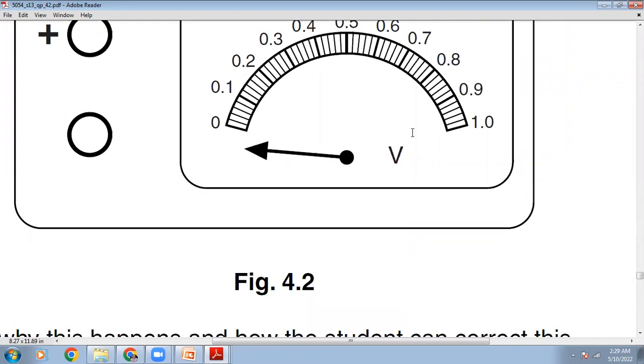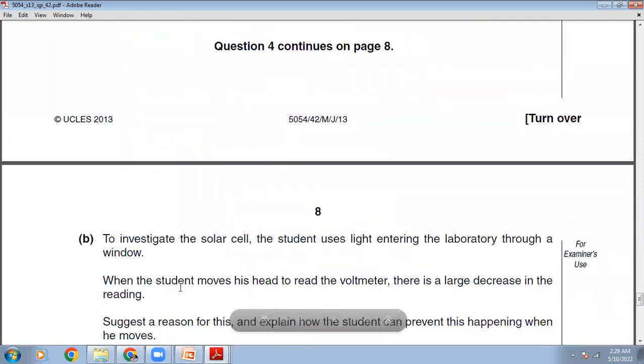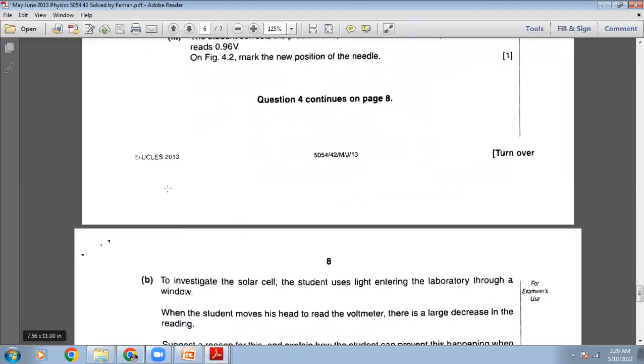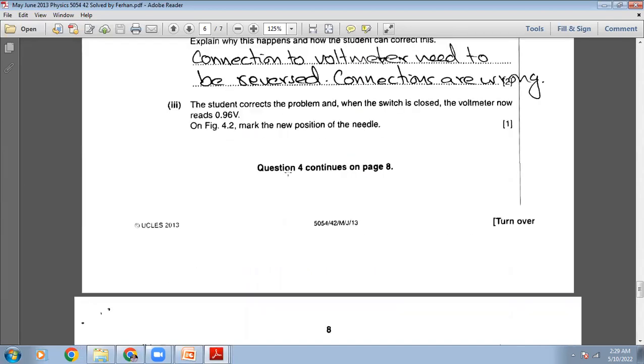So you have to put an arrow here. Up to 0.9. This is 0.96. So let me show you. I have done this. So you can see this. This is what they are asking.